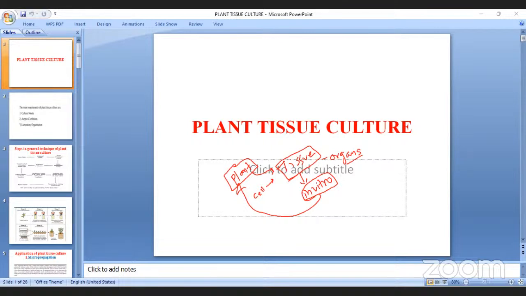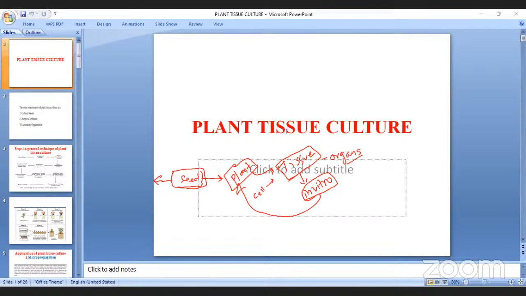Actually, how does a plant grow? Generally the plant grows outside in the weather when the seed germinates and produces the plant. Then how is the seed formed?